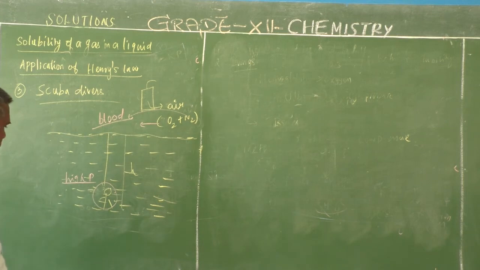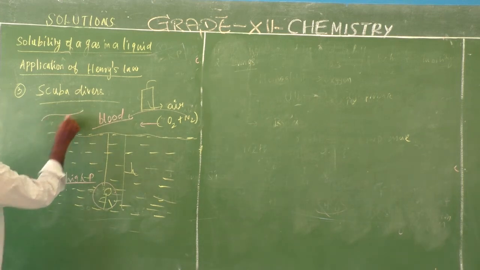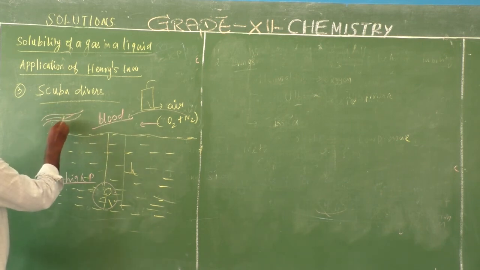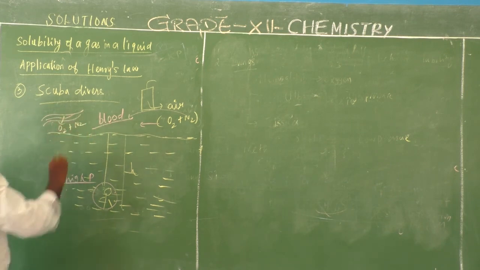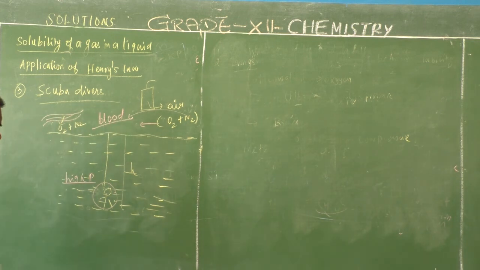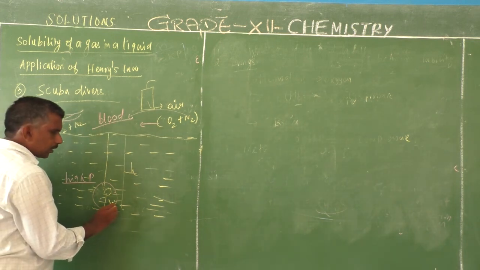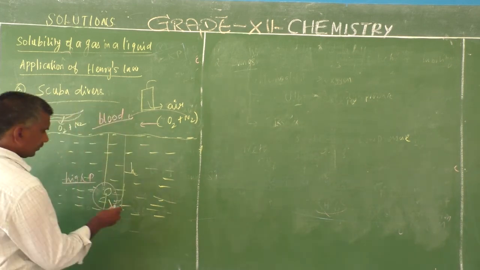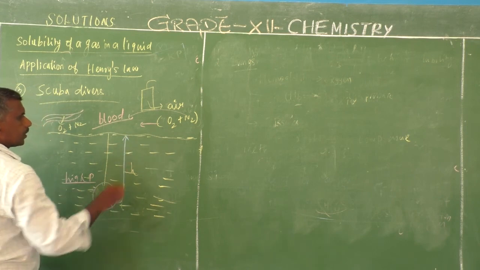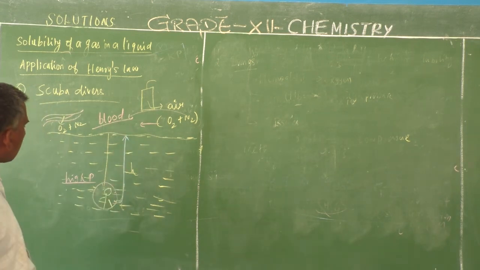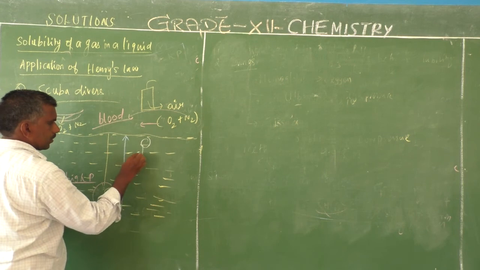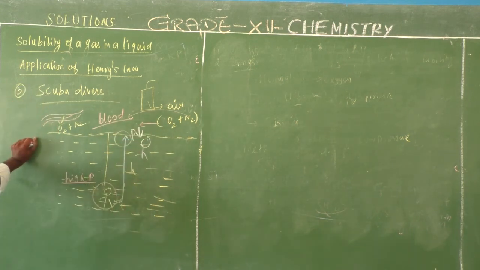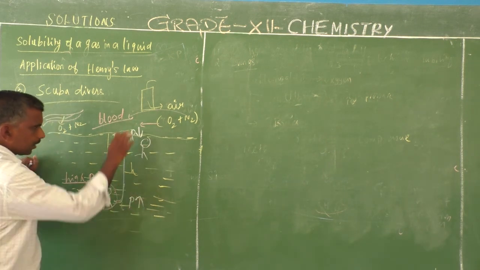Then what happens? These are the blood vessels, with oxygen and nitrogen gas dissolved. When the scuba diver comes to the topmost area, the pressure decreases.